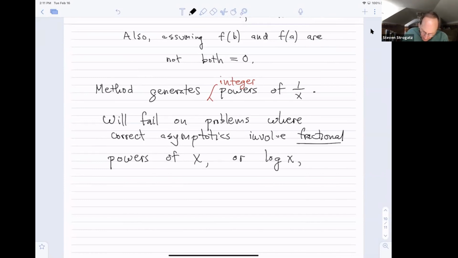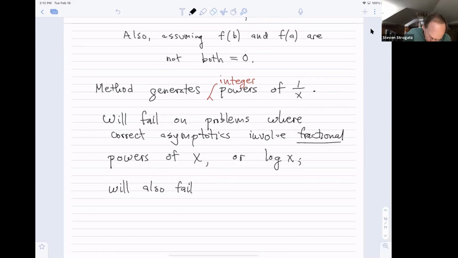And as I said before, it will also fail if we have the derivative of phi being 0 in the interior somewhere.